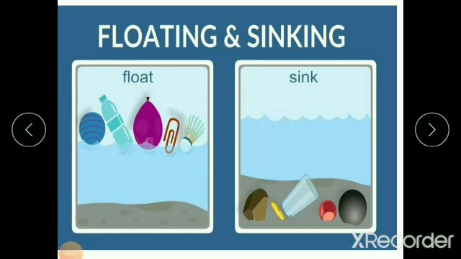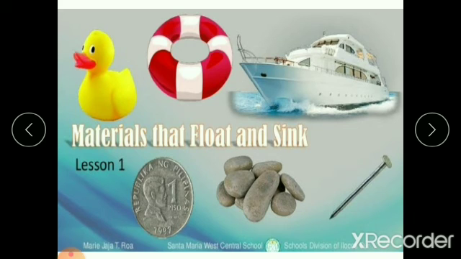If you place a ball and an iron nail of the same mass, the ball will float on the surface of the water and the nail will sink. This is because the density of the ball is less than the density of water, while the density of iron is more than the density of water. So a body floats on a liquid if its density is less than the density of the liquid, while a body sinks in a liquid if its density is more than the density of the liquid.